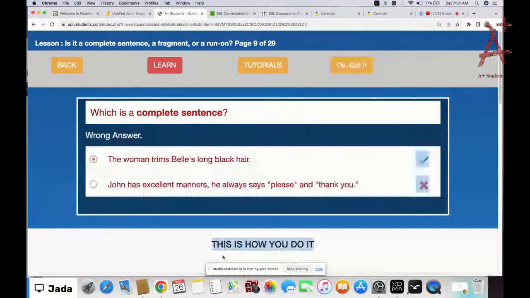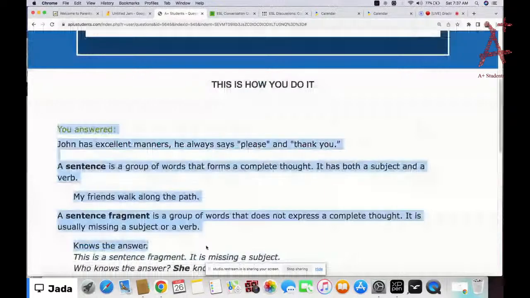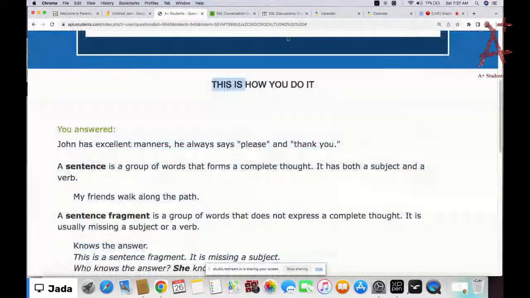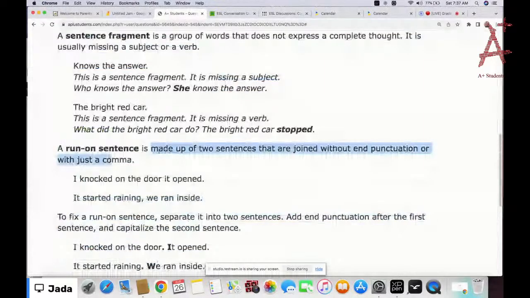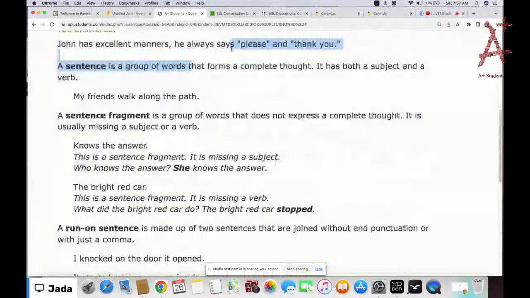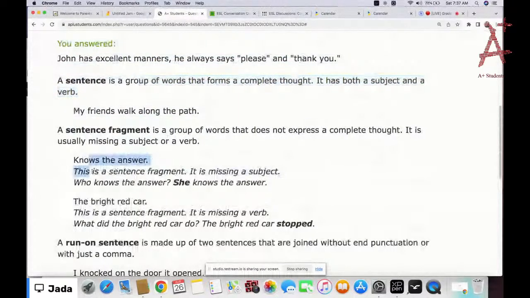Yeah, when you're having the test and then you click on any of the answers and you see that it is wrong, all you need to do is scroll down to remind yourself what the run on is, what the sentence fragment is. Just maybe you have forgotten it and you cannot remember anymore. You need to know the complete sentence, the sentence fragment, and the run on. So do not confuse the run on and the sentence fragment.